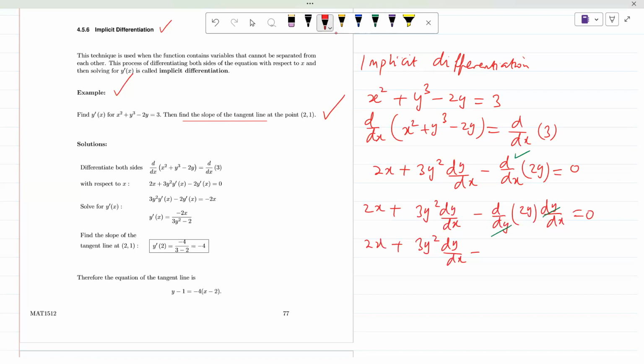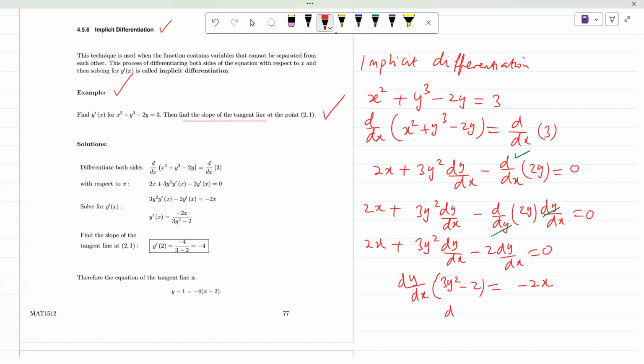So the derivative of 2y is just minus 2 dy/dx, and this result becomes identically 0, in which case we pull out the common factor dy/dx, giving 3y squared minus 2, plus 2x equals 0.